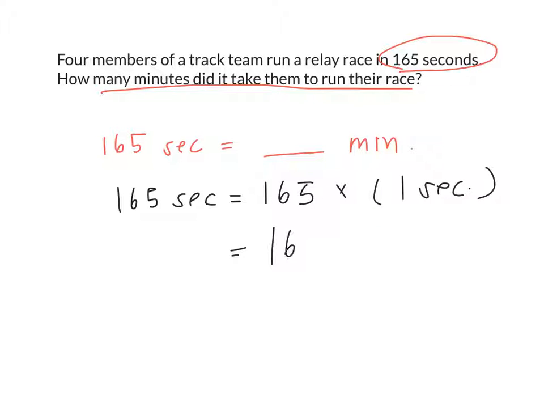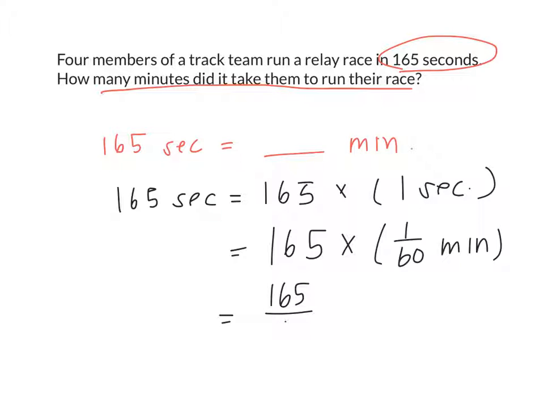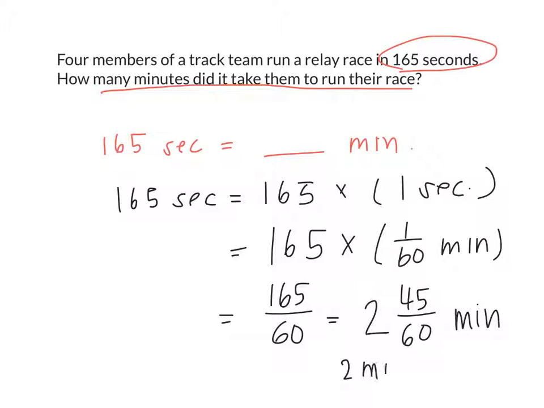So this is equal to 165 of 1/60th of a minute. So what we end up with is 165 over 60, which is 2 and 45 over 60 minutes. Now, that could be 2 minutes and 45 seconds.